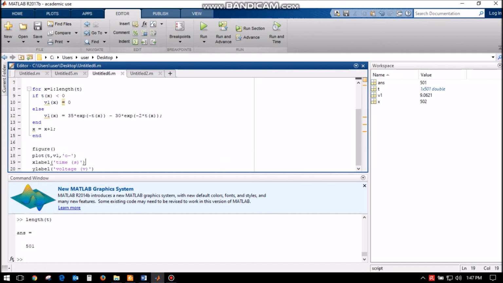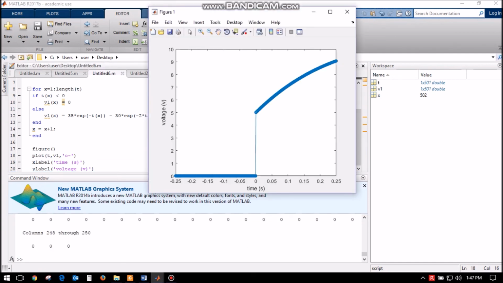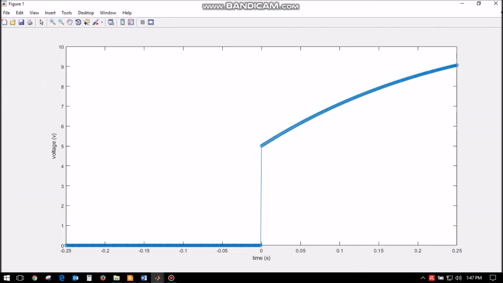So that's it. Let's try to run this. So that's the answer. For less than 0 second there is 0 voltage. Higher than 0 second there is a value, and this is from this equation.